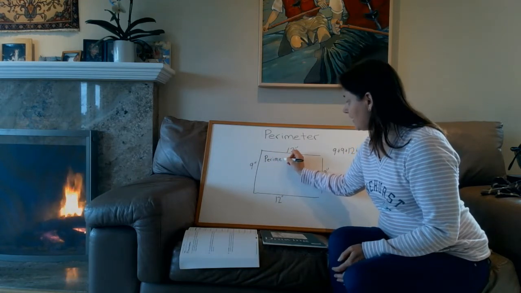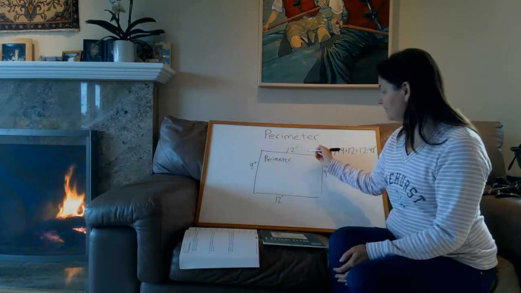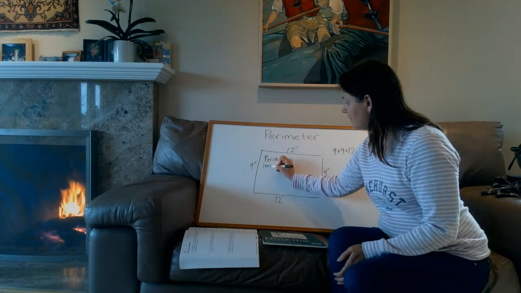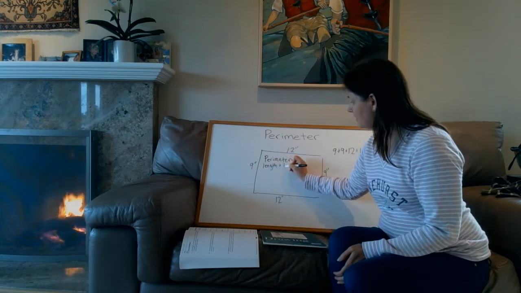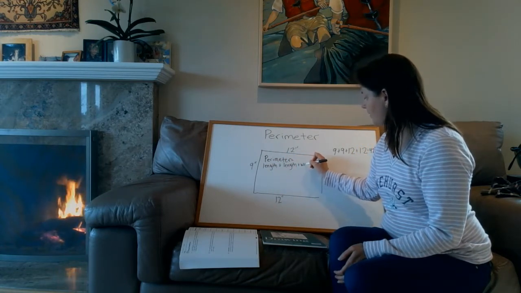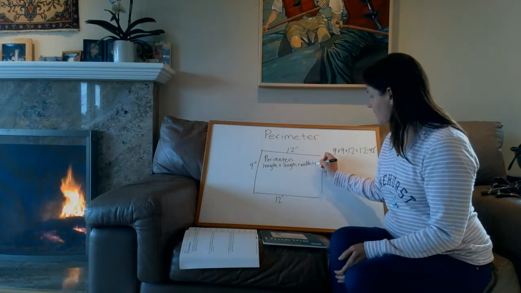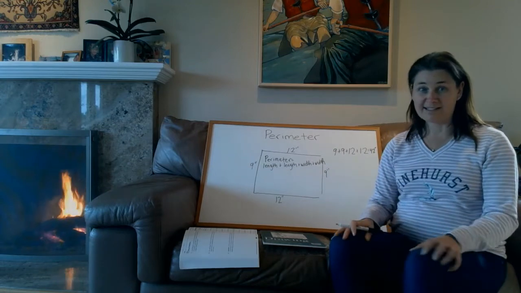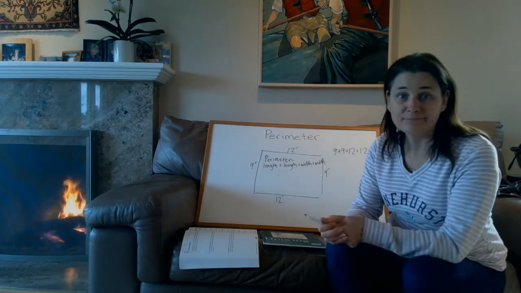You don't have to write it inside of here, I just need another place to write. Perimeter equals length plus width plus width. And a reminder that if you need to pause this at any time, you can do that.